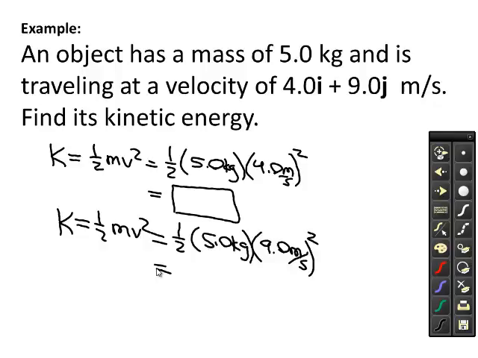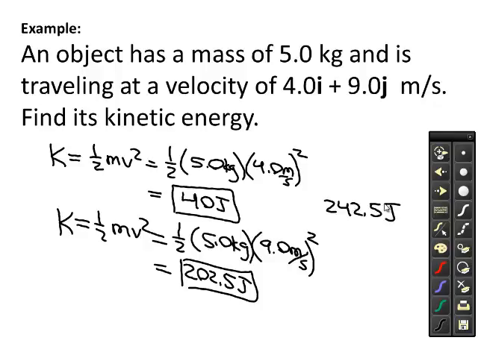Okay, so a quick calculation gives us 40 joules for the x-axis, and 0.5 times 5 times 9 squared gives us 202.5 for the other axis, for a total kinetic energy of 242.5. Round that off to 2 sig figs, we call it 240 joules.